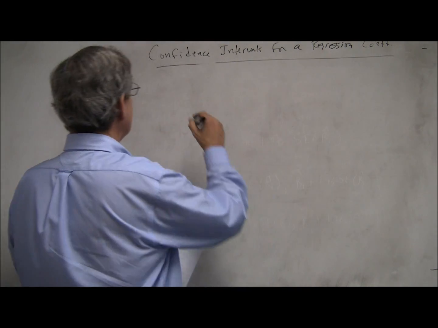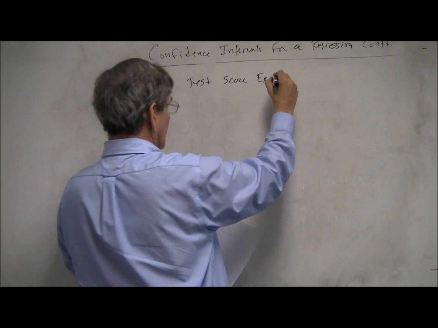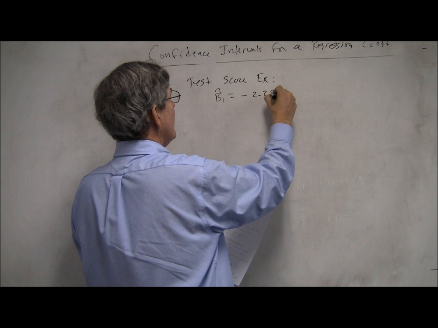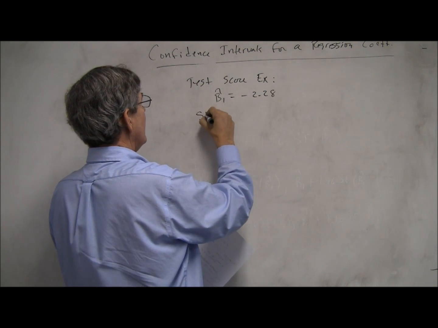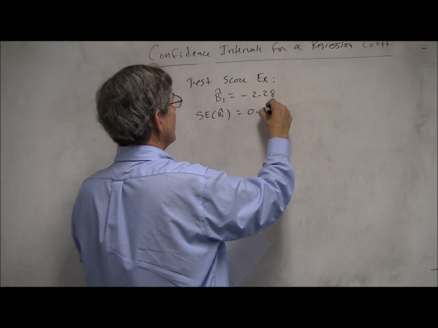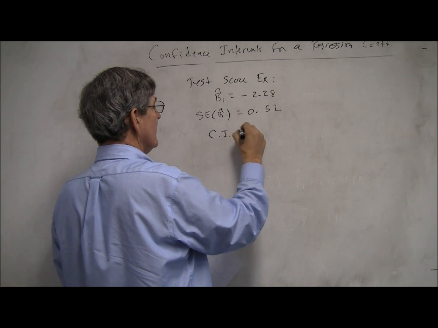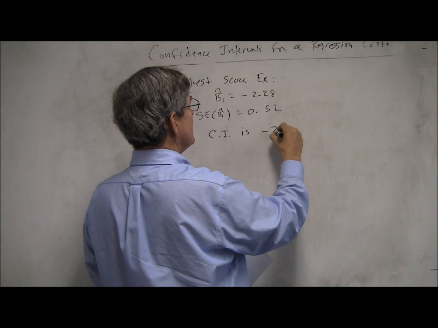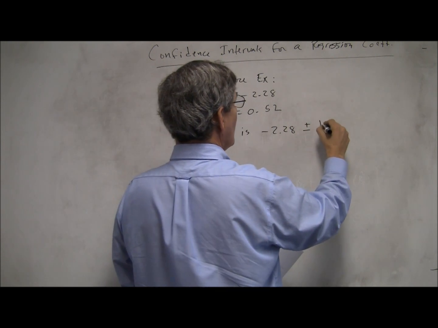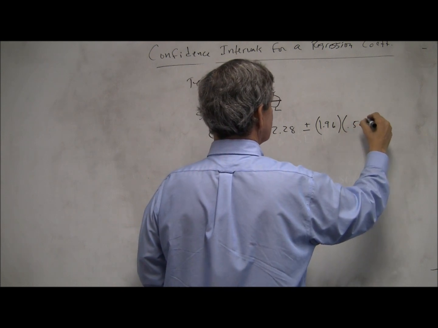In the test score example, beta 1 hat was minus 2.28. The standard error of beta 1 hat was 0.52. So the confidence interval is minus 2.28 plus or minus 1.96 times 0.52.